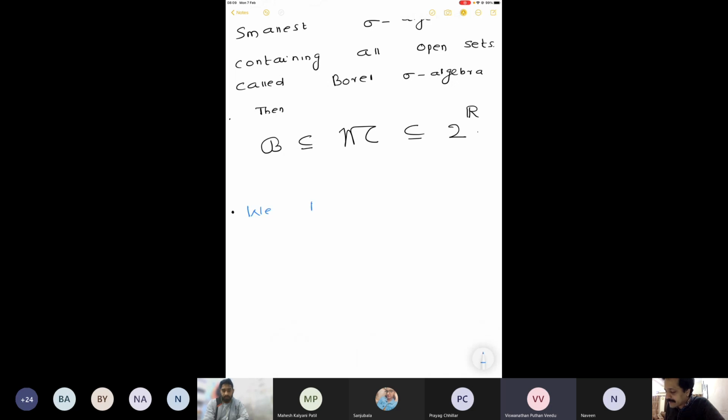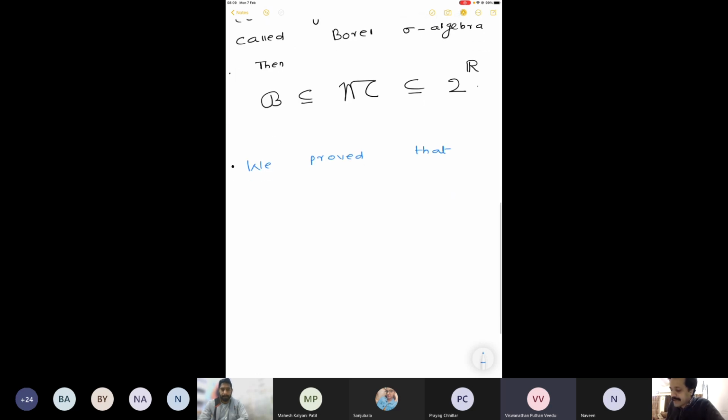We proved that Lebesgue outer measure m star, which acts from the power set of R to [0, infinity], is not countably additive.